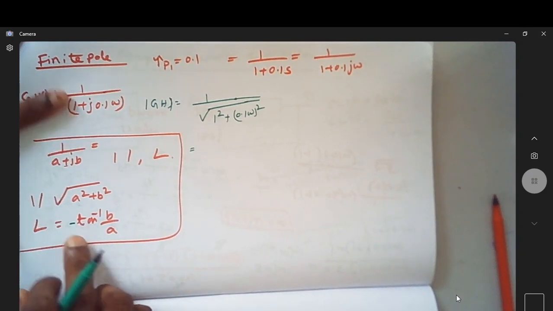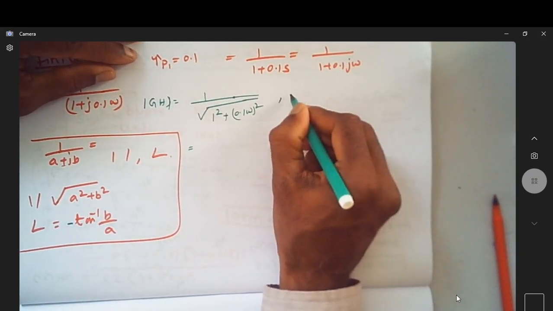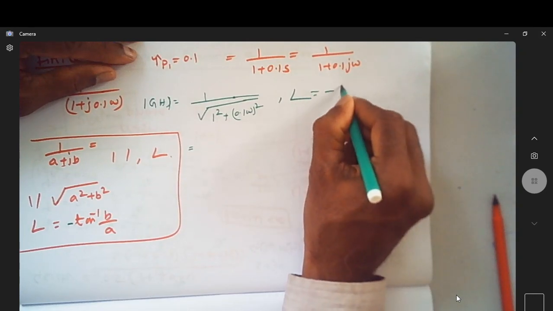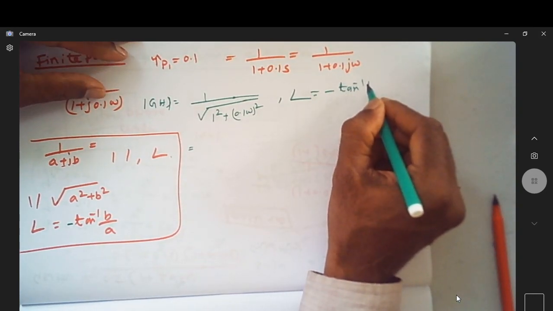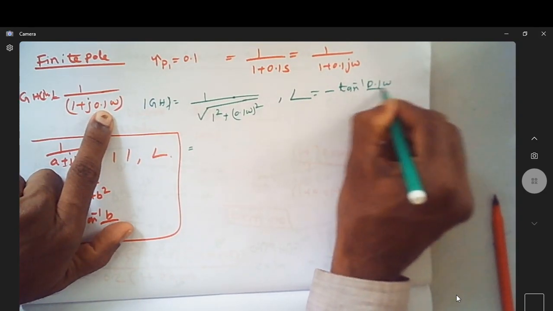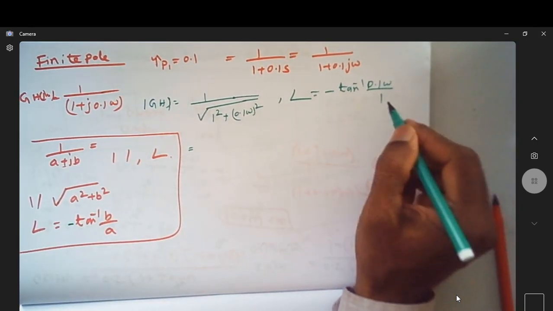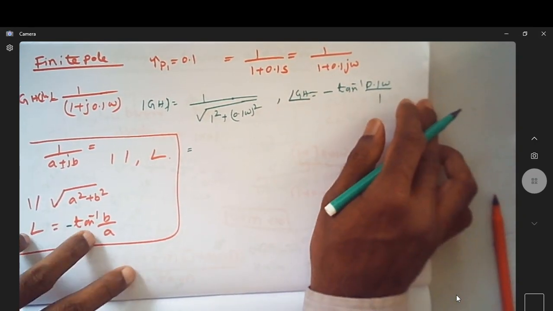Since it is in the denominator, it is minus of tan inverse of b by a. So what is the phase angle of this? Phase angle is minus tan inverse of b by a. So what is b here? This is 0.1 omega by 1. So this is phase of GH.